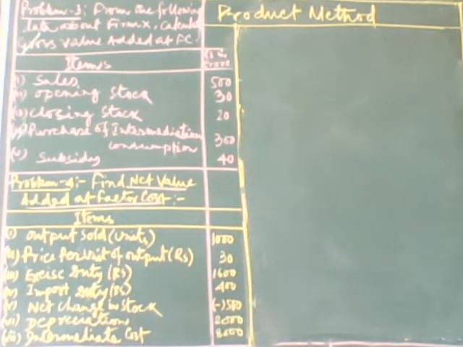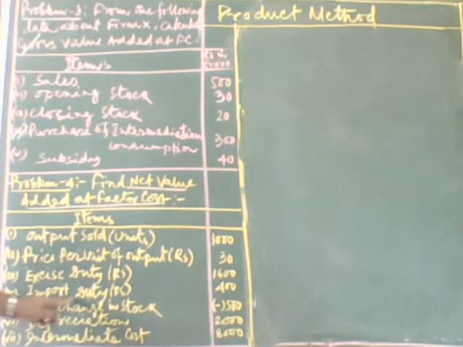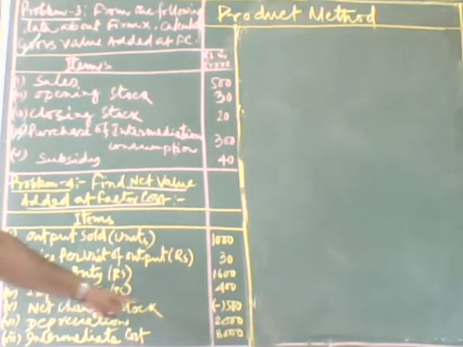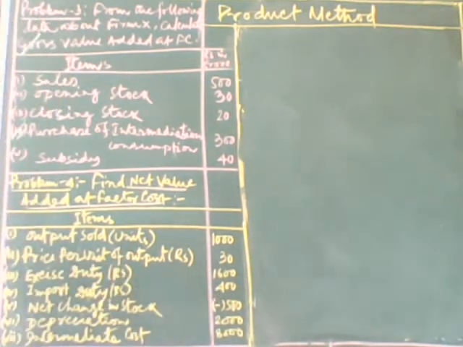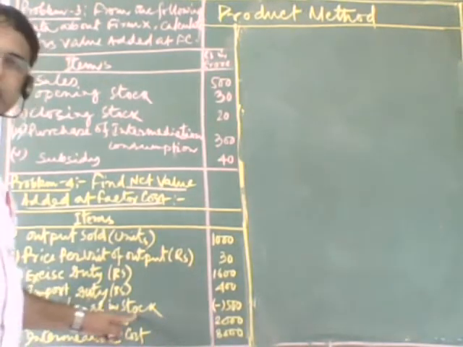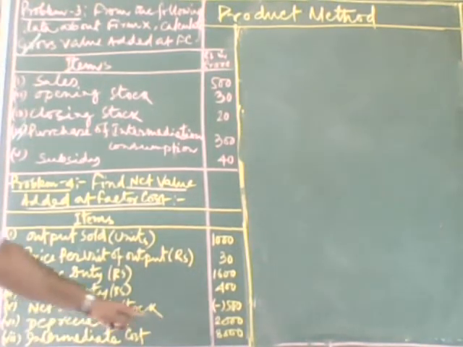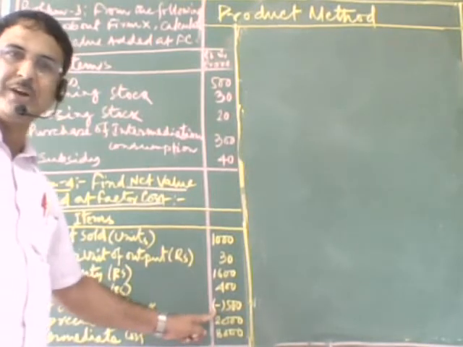Item number 4, import duty in rupees, that value is 400. Item number 5, net change in stock, that value is minus 500.